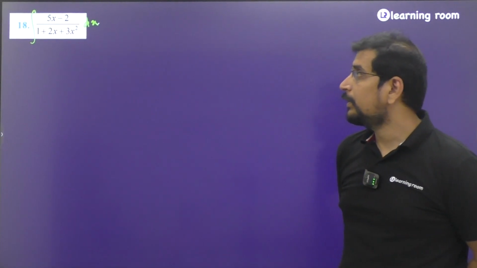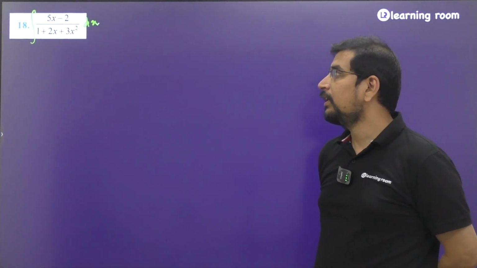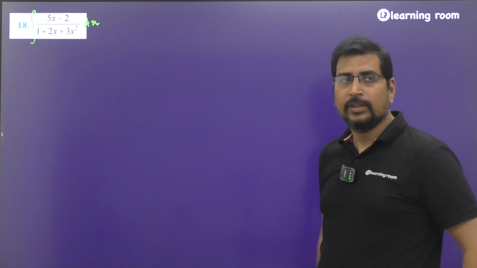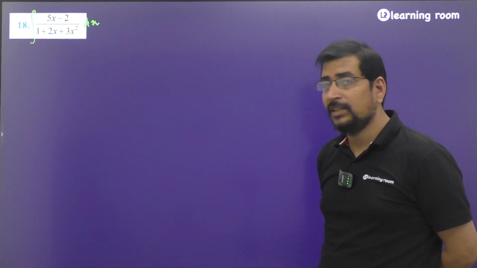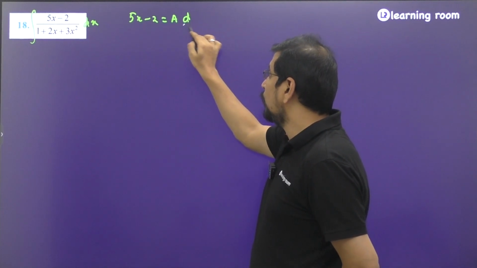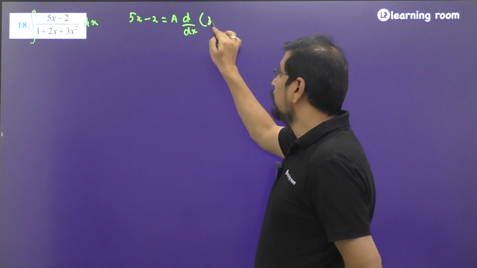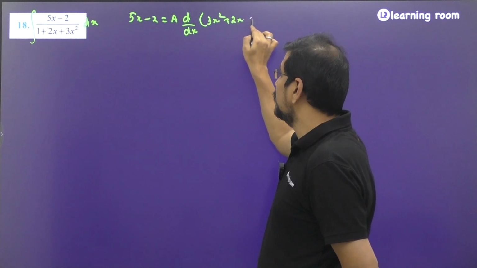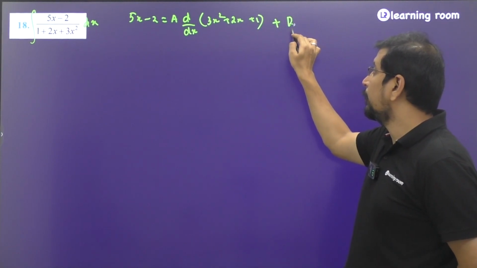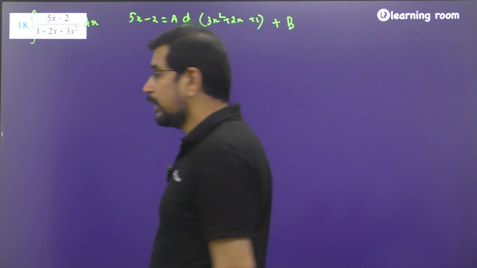So the 18th question is the integral of 5x minus 2 divided by 1 plus 2x plus 3x square. Actually, 1 plus 2x plus 3x square, you can write in reverse: 3x square plus 2x plus 1. So again, px plus q, that is 5x minus 2, is equal to a into d by dx of 3x square plus 2x plus 1, plus b.